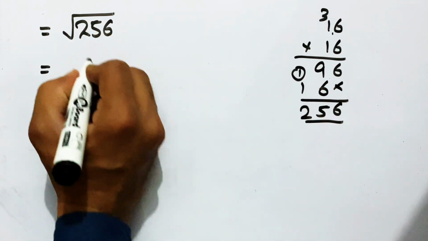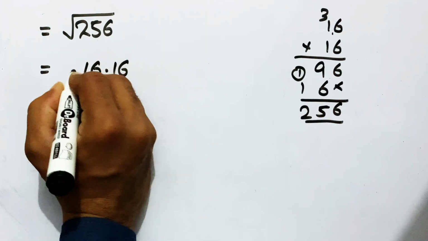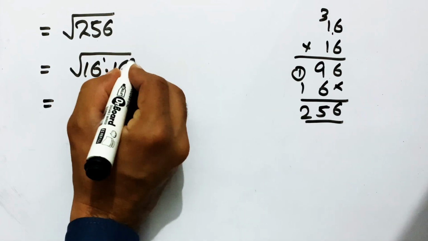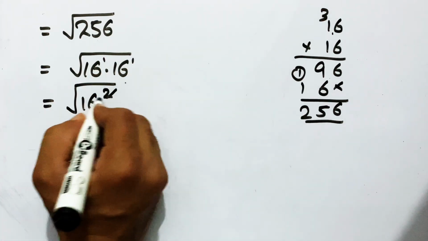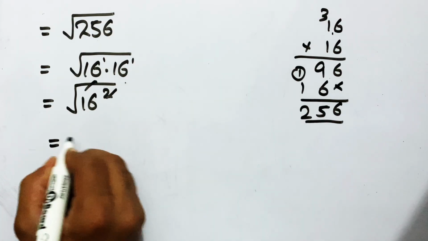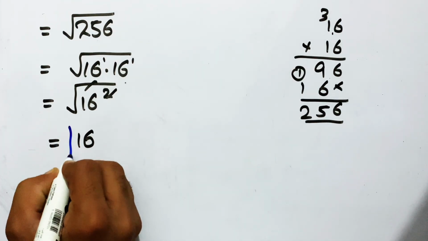So 256 can be written as 16 times 16 under the square root. So 16 squared under the square root, the square and square root cancel. So our resultant answer becomes 16, which is our desired answer.